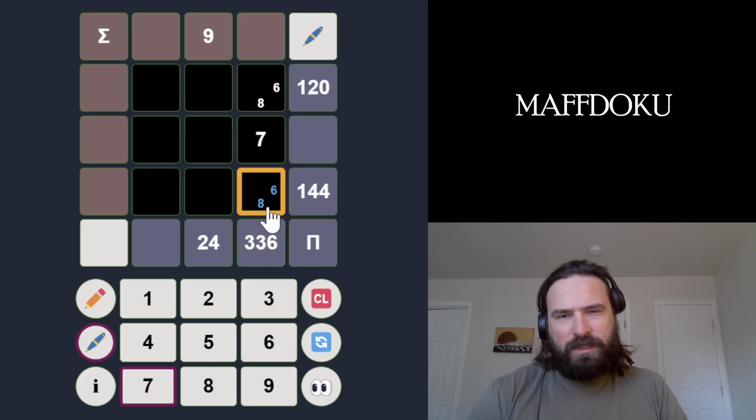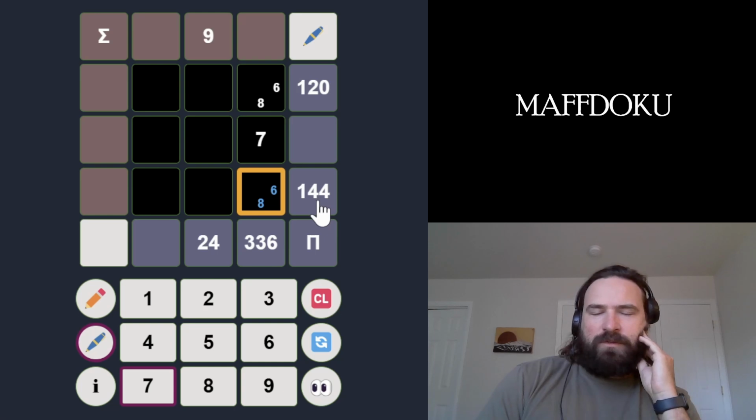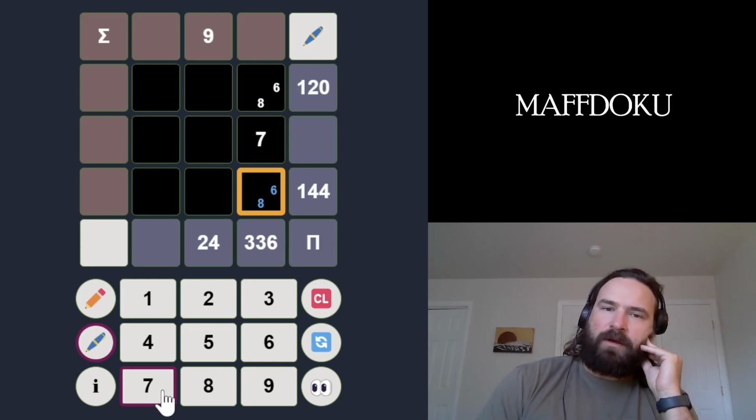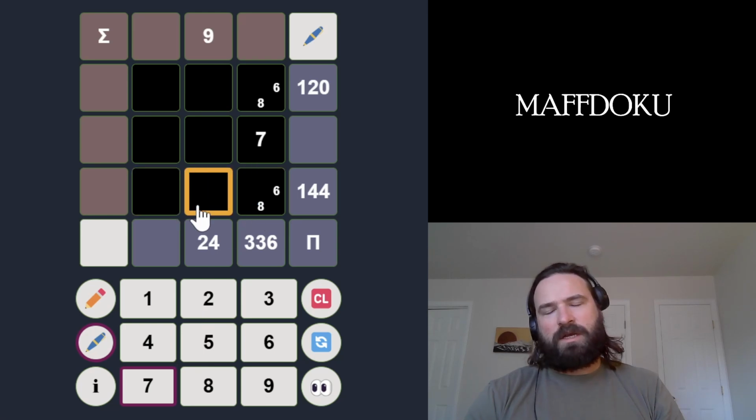144. So I said 8 probably doesn't go into it, and then 6, yeah. Okay. 144 is divisible by 12 times 12, so it's divisible by almost every number except for 5 and 7. It can't be a 1, but these numbers can be almost anything. And then 24 is equally not helpful.